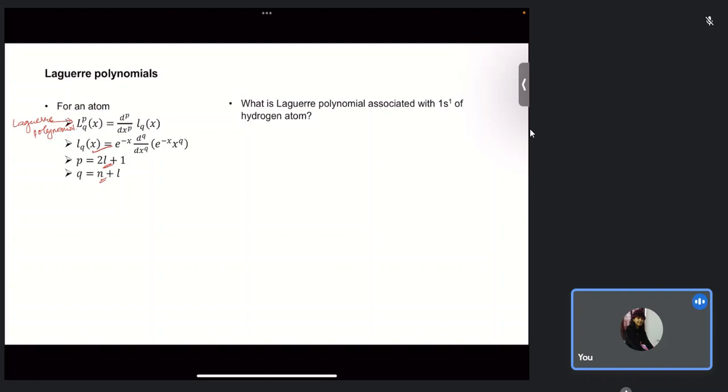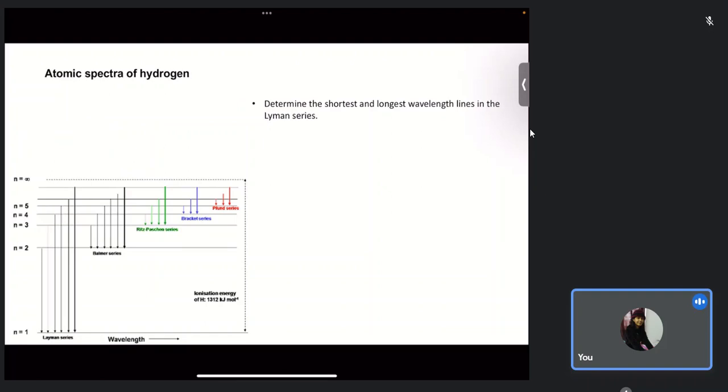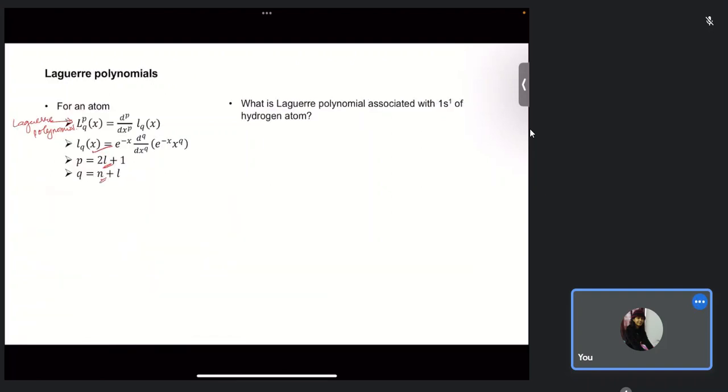P and q are defined by L and N respectively. P is defined as 2L plus 1, whereas q is defined as N plus L.